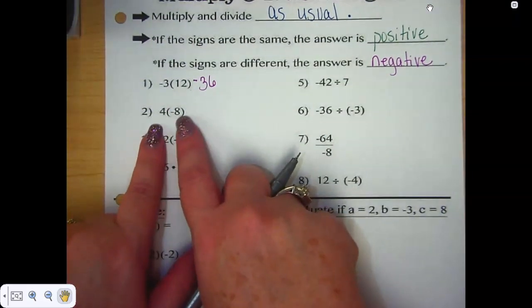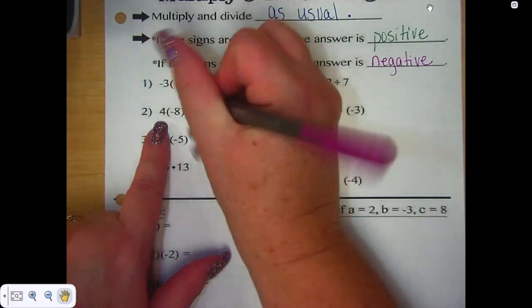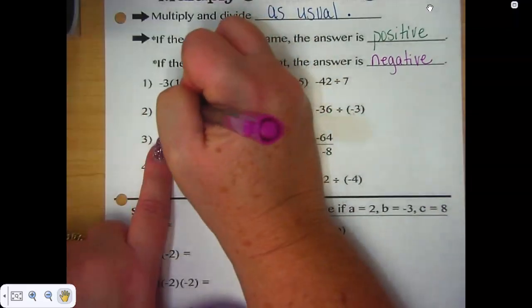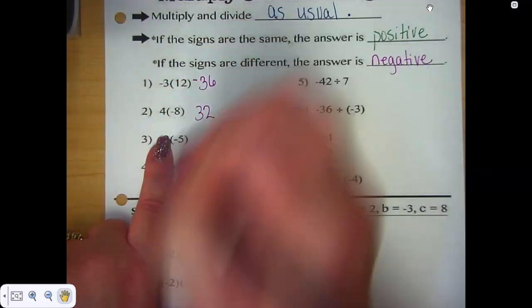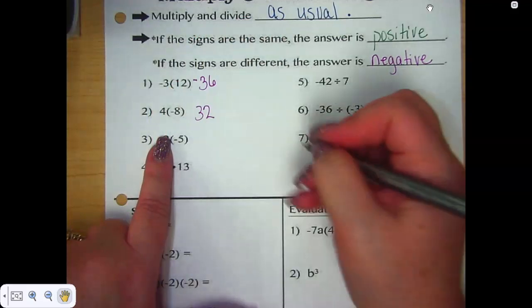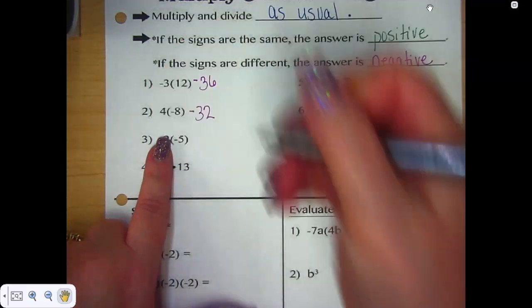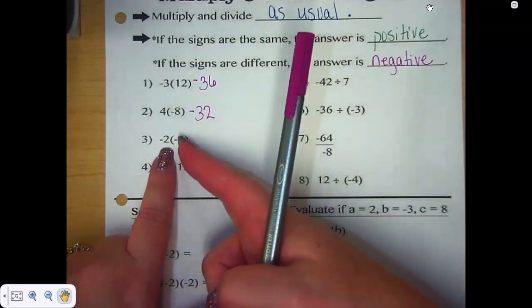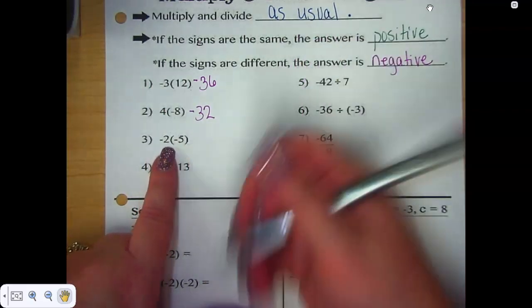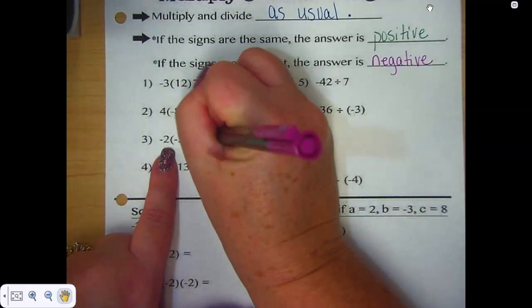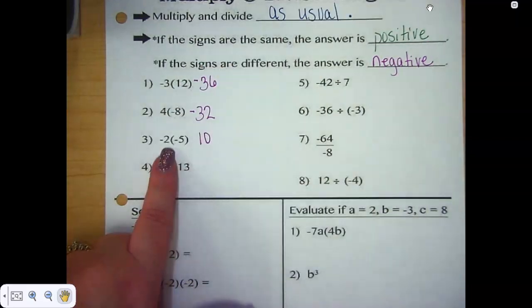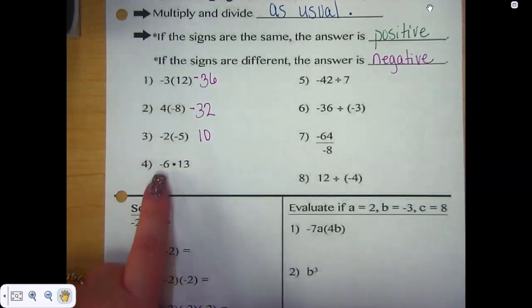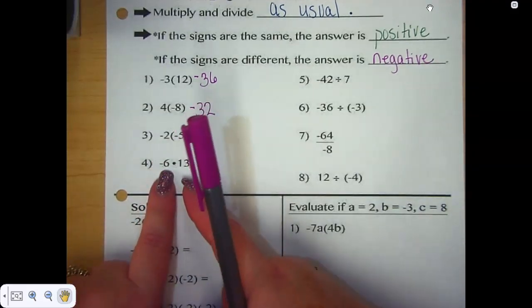So we're going to multiply as usual. 4 times 8 is 32. The signs are different, so our product is negative. Multiply as usual. 2 times 5 is 10. The signs are the same, so our product is positive. 6 times 13.